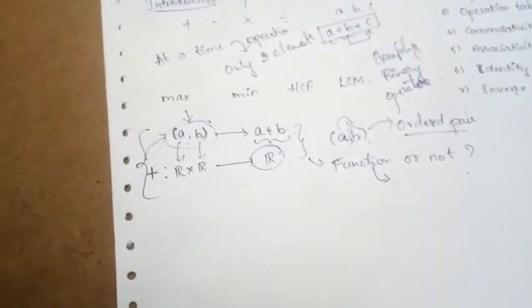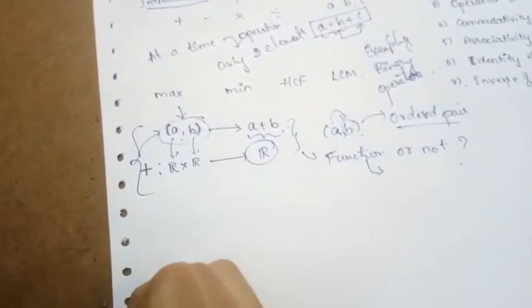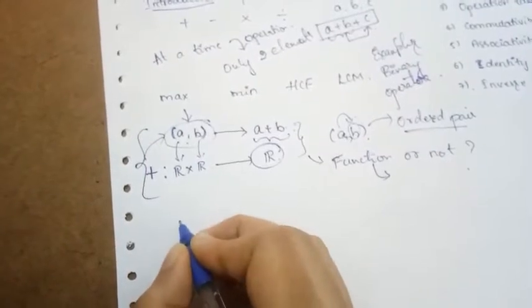Suppose I write this operator in set builder form or in tabular form, how will it be?